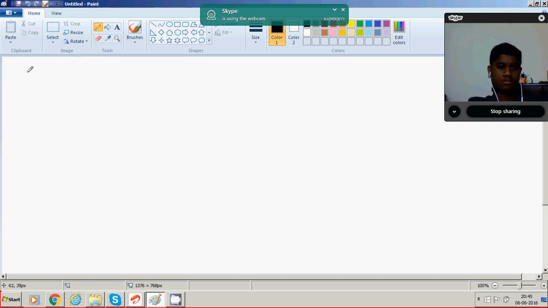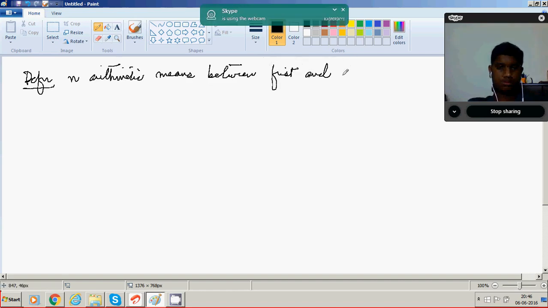Definition: n arithmetic means between first and last terms. Let us say the first and the last terms are a and b. Then we have to insert n arithmetic means in between.